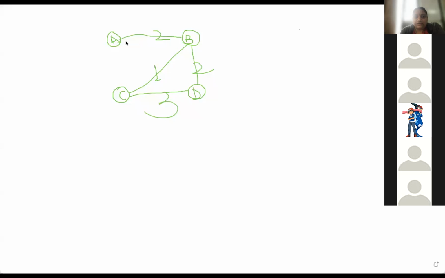It is a graph from A to B with weight 2, B to C with weight 1, C to D with weight 3, and B to D with weight 2. Okay, so I will start with A. A is having only one. I'm taking a different example, not from this slide.